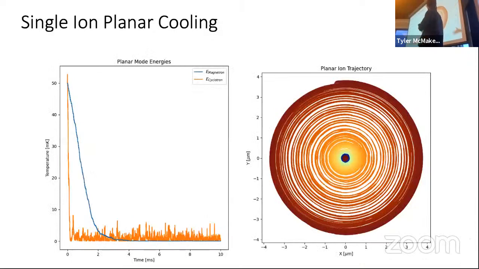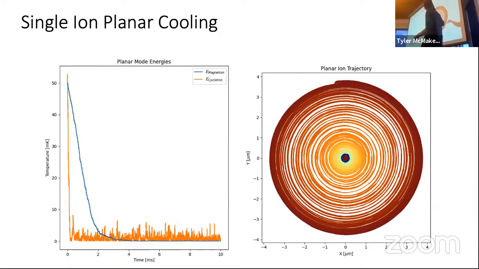And so this is basically showing how the cyclotron and the magnetron motion cools. So I start out with some very large energy and I apply, with the correct parameters, this width and this displacement. And I see that the magnetron energy decreases, so this thing spirals towards the center. That's what's happening here. And the cyclotron radius decreases. And so as you can see on the outside, I've got these very large circles and they shrink down.